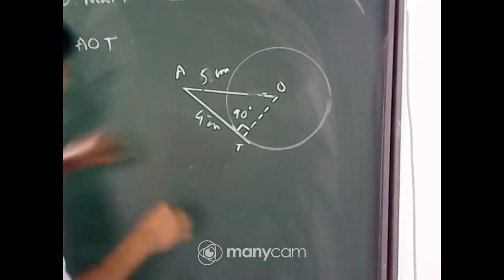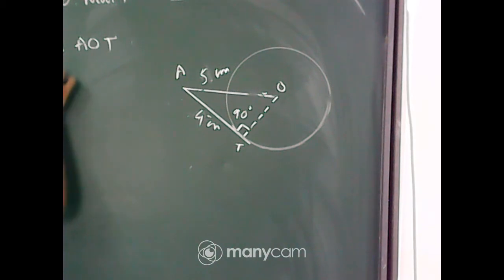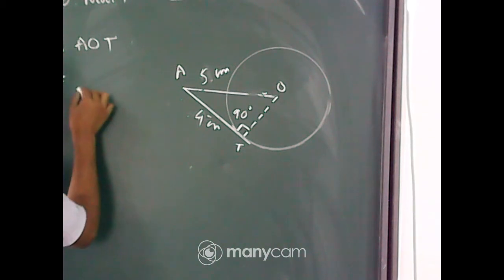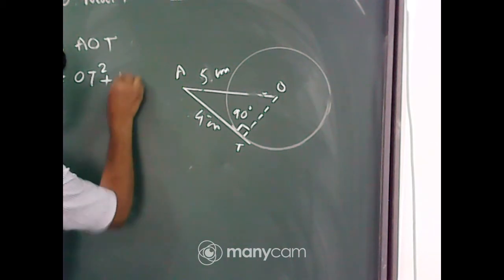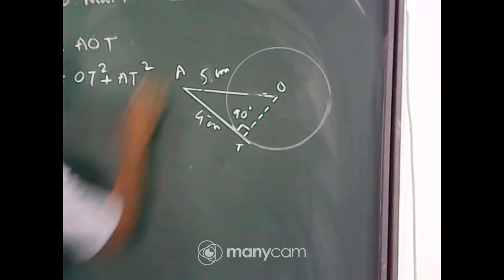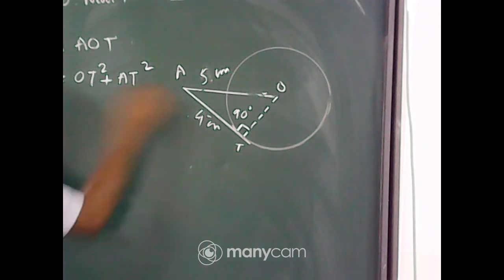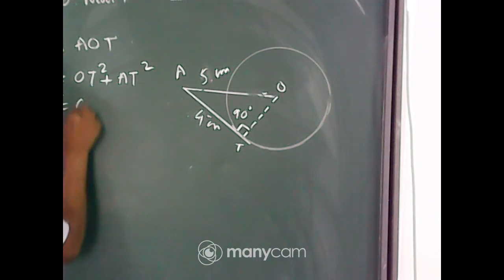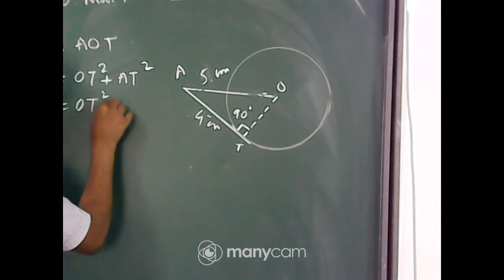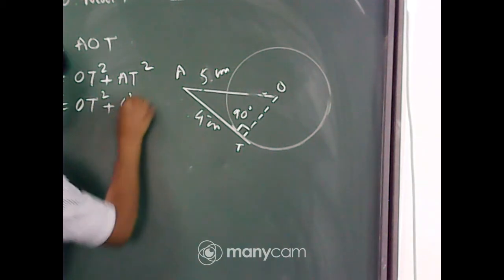Okay, so now write hypotenuse AO square is equal to perpendicular, which is OT square, and the base, which is AT whole square. Now value of OA is equal to 5. So 5 square equal to OT square plus AT means 4 square.